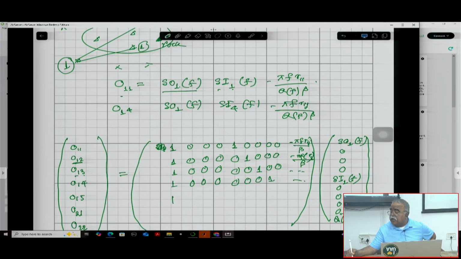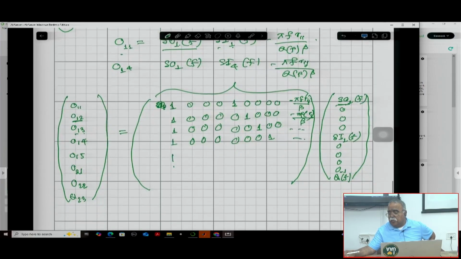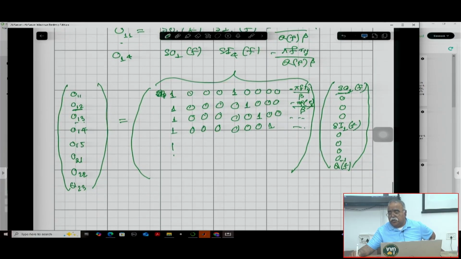So you can create this matrix with only 0 and 1, depending upon which one you are writing and how you are writing it. And here it will be SO1, S1F. So this is source, site, and path factor. This will be a linear matrix equation with all the sources here, all the sites, all the observed values here, and source and site here.